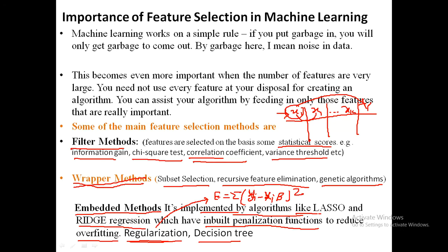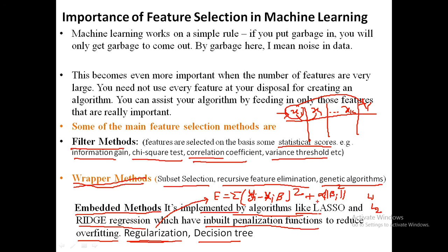In this minimization function we had added one more term called the penalty term, that is some constant alpha times the sum of |beta i|. This is called L1 regularization, and if you make it beta i square here, that is called L2 regularization.